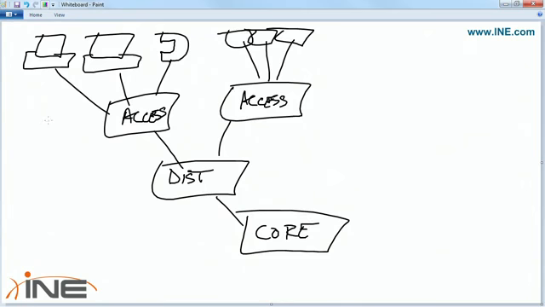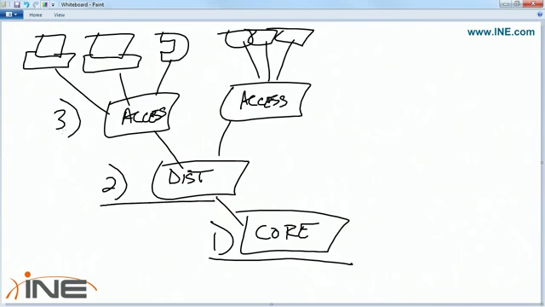Now, the idea behind this is that if we build a hierarchy in the network, where the first level of hierarchy is the core, second is the distribution, and third is the access, then as the network starts to grow, we wouldn't have to take every switch and plug it into every other physical switch in the network in order to add new hosts.